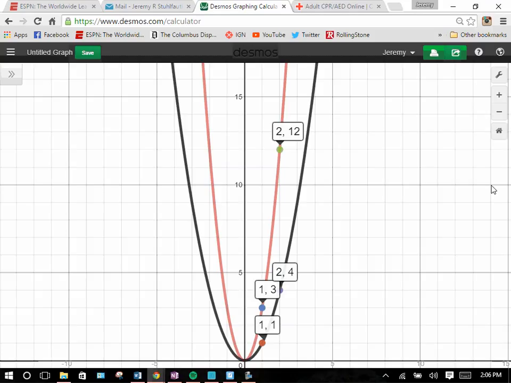Look at the x values and look at how the y values compare, how they're related. Try to compare the y values for each x value. 1, 1, 1, 3, 2, 4, 2, 12.